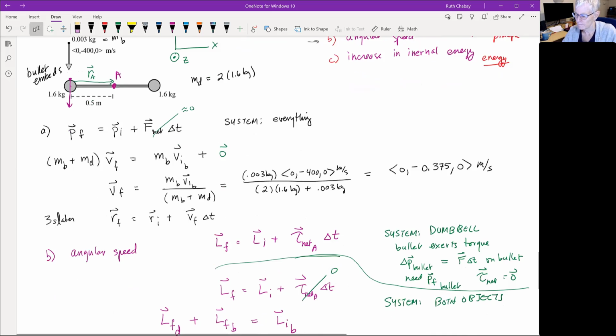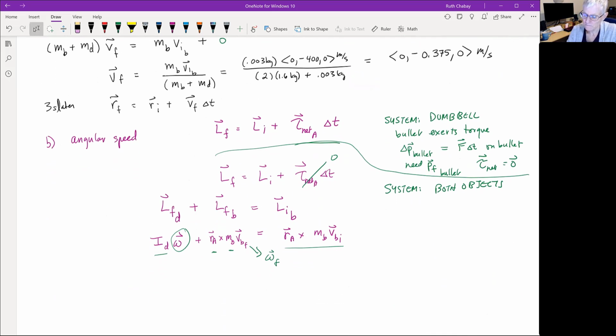So here's the bullet, here's the momentum of the bullet, here's R.